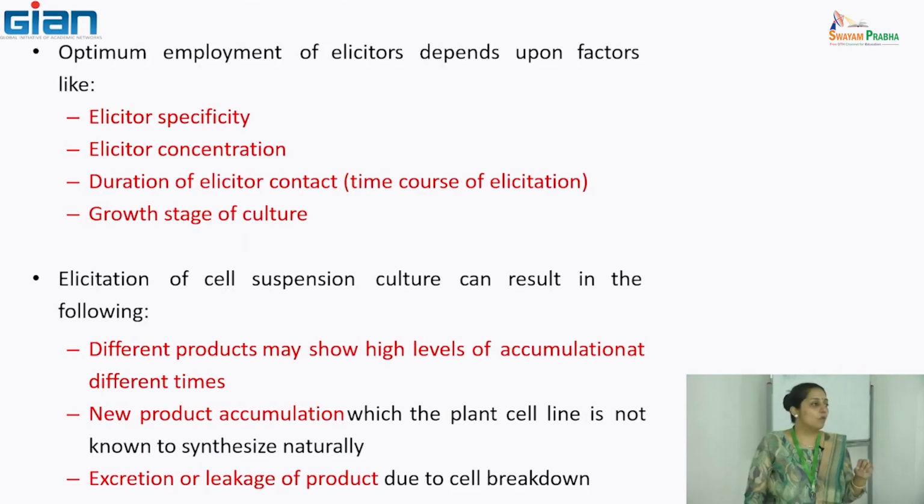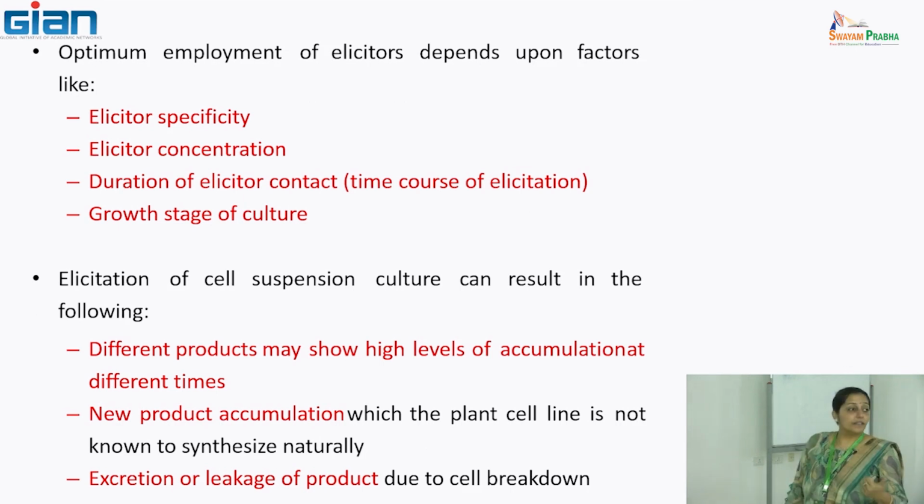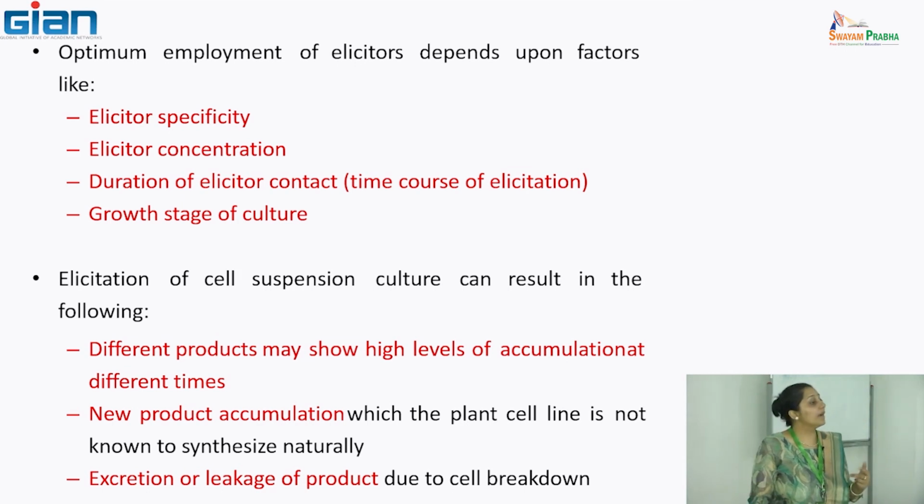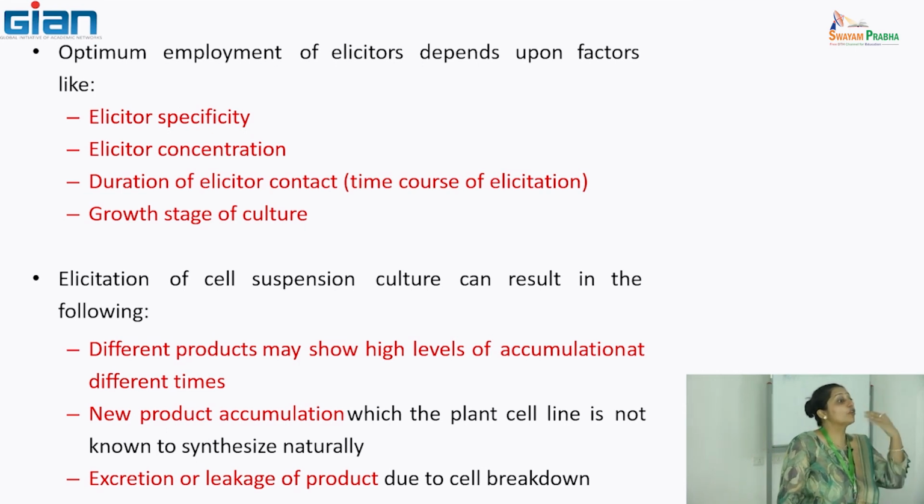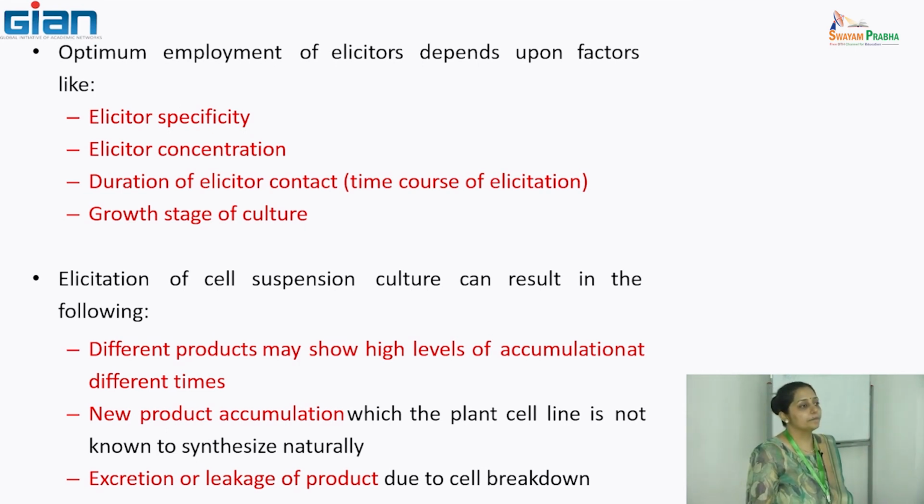Yeah, so what all things should be kept in mind when we are optimizing elicitor additions? Elicitor concentration, elicitor specificity, duration of elicitor contact. It's important. Why do you think duration of elicitor contact is important? When should it be added and for how long should it be added?